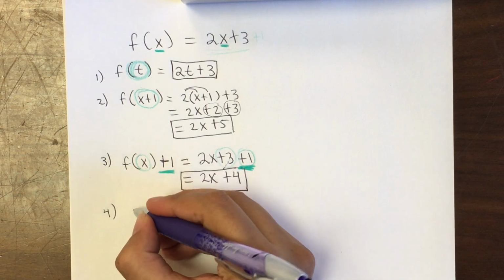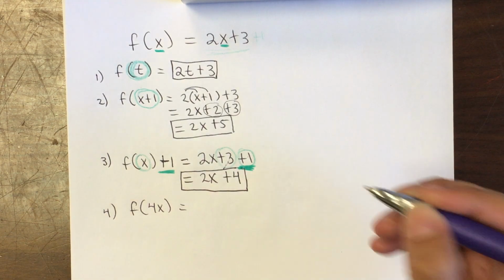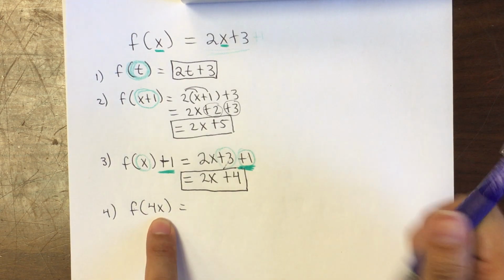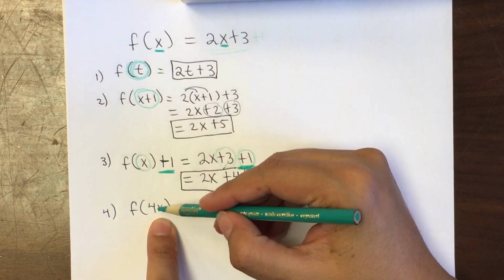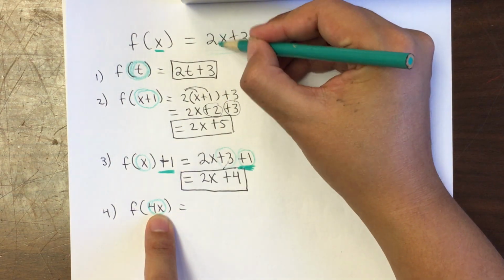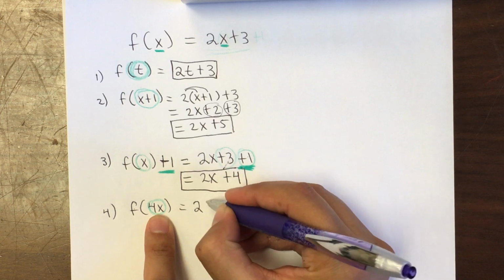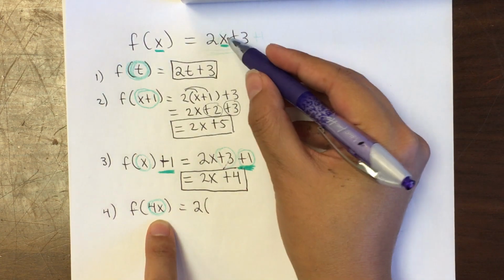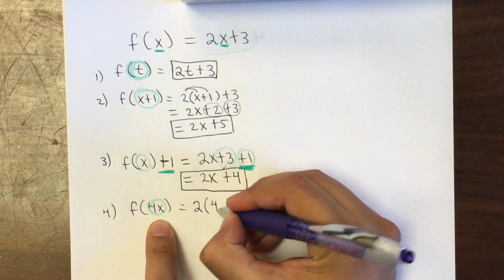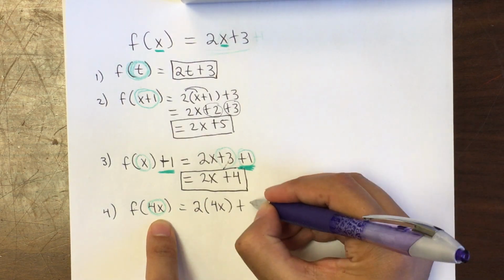Okay, what if I have f of 4x? That means that I'm going to replace this because it's inside of the parentheses right there. It's going to be 2 multiplied by, instead of x, 4x, plus 3.